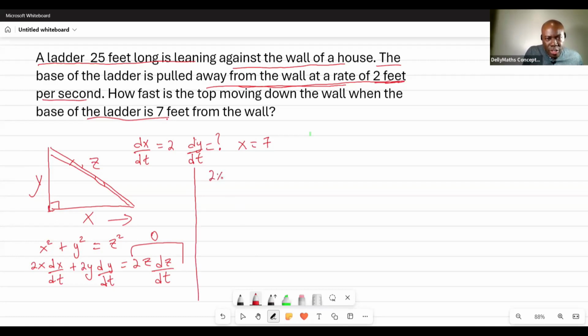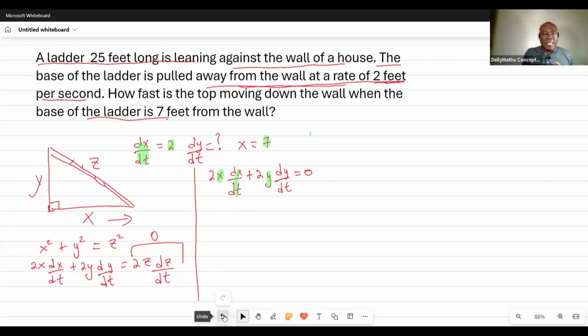Basically we have 2x dx/dt plus 2y dy/dt equals 0. We would love to substitute now, but there is only one thing. I do have 7 where x is, I do have 2 where dx/dt is, but what I don't have is a y value.